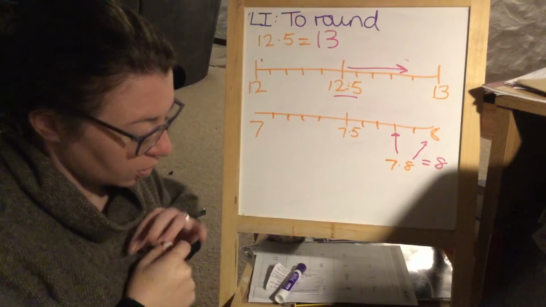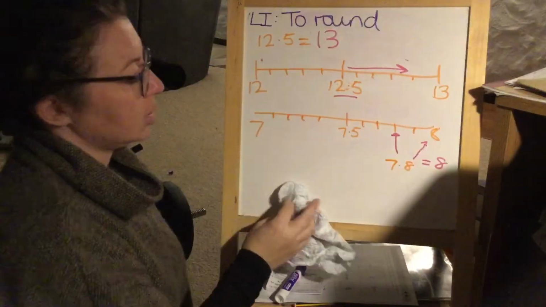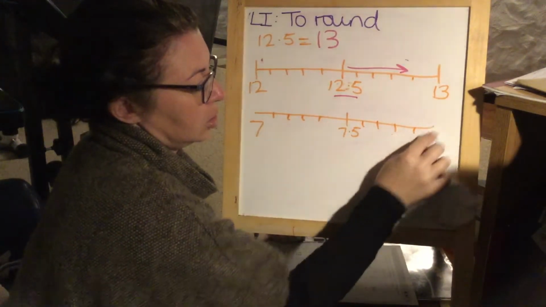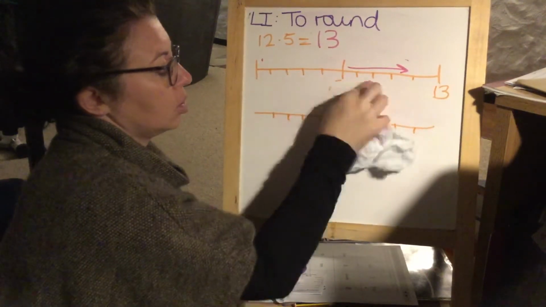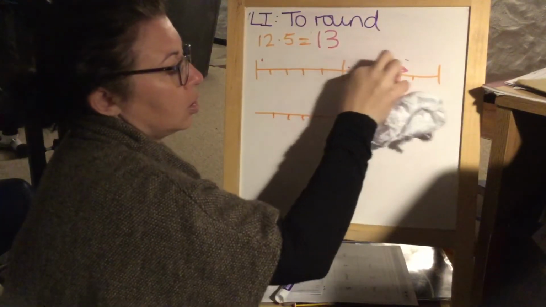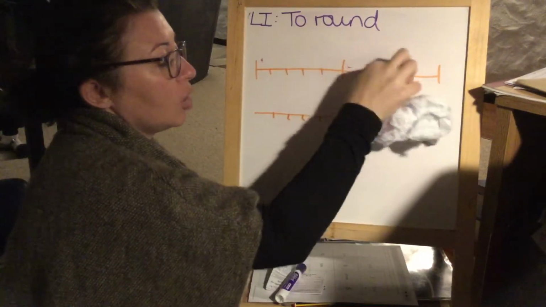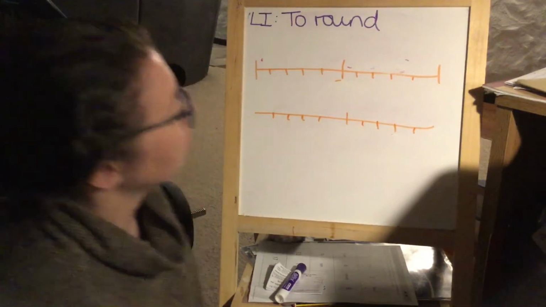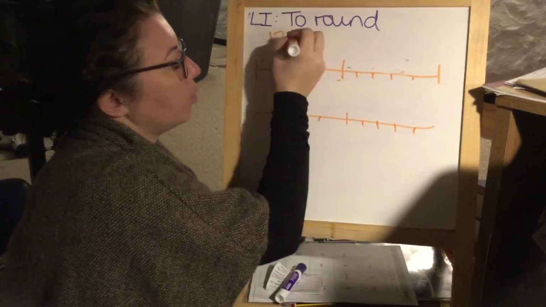So once you've done that on the first slide, you'll be asked to round to 2 decimal places. So I'm just going to quickly change these. When you're rounding to 1 decimal place, your numbers are going to have 2 decimal places. So this time, you're going to round the number 12.56.